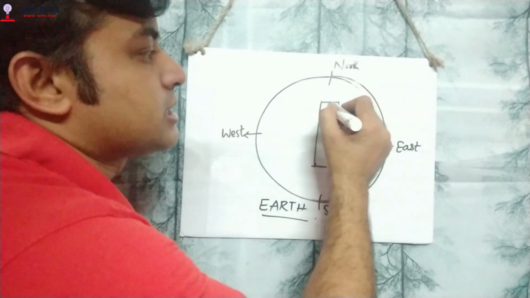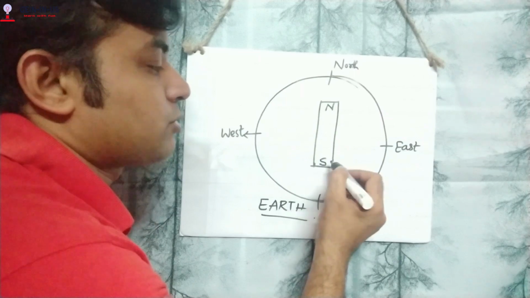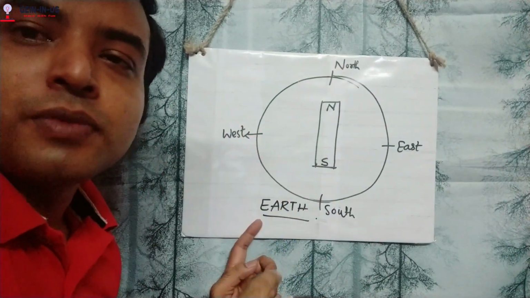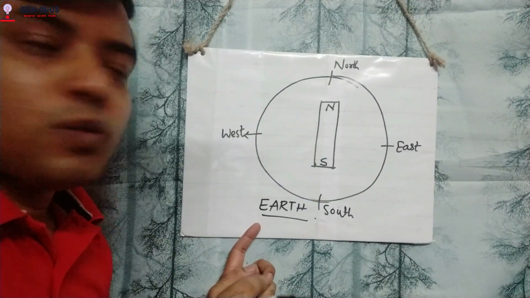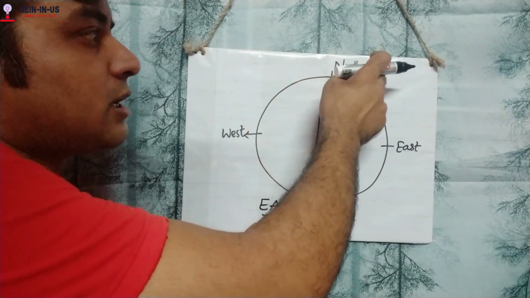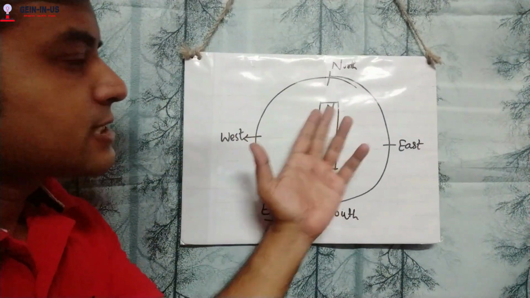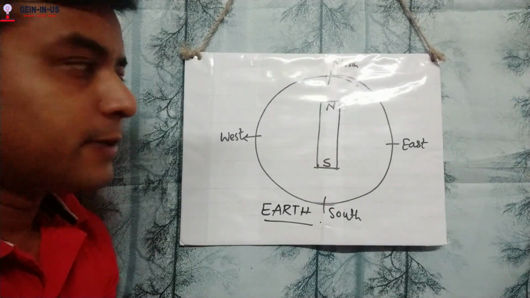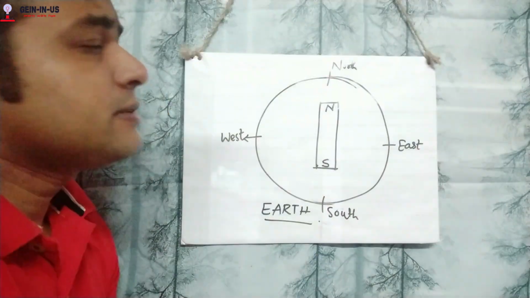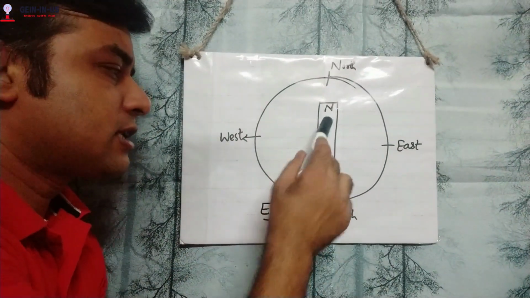We call this pole of the magnet the north pole, and this pole of the magnet is always the south pole. Now why in this direction? Because this is the north pole of the earth, and this is the south pole of the earth. We know that a north pole always attracts the south pole of any other magnet. If the earth is a magnet, then it should attract the south pole of the magnet.